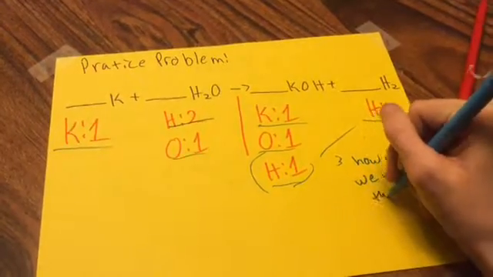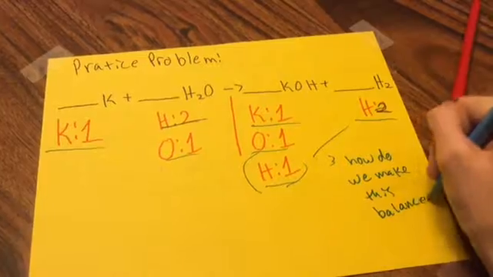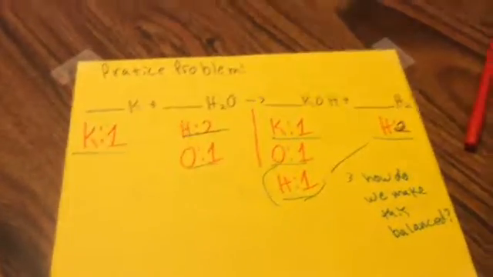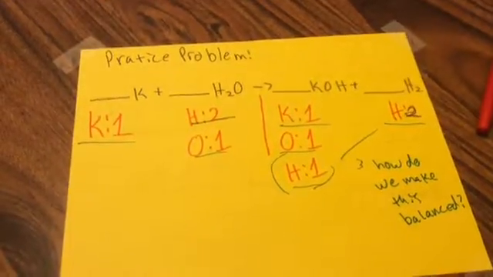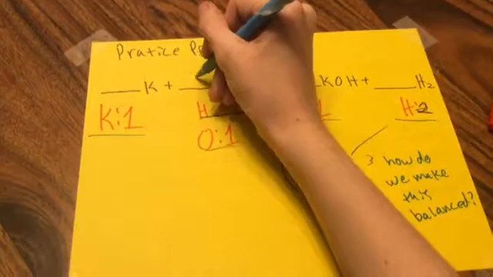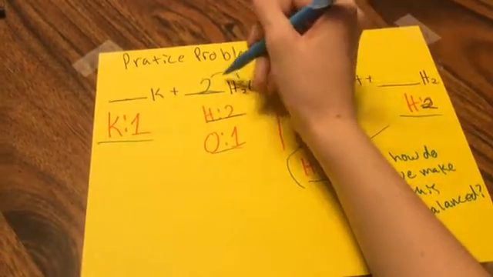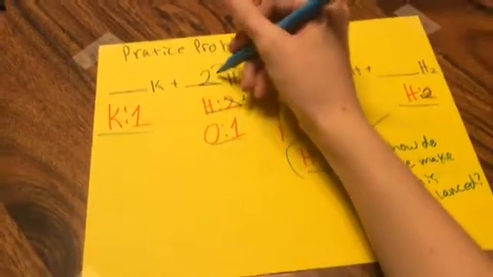So if we have on one side 3 atoms of hydrogen, on the other we have 2. Let's balance the right side first, I guess. So this is 4 now.